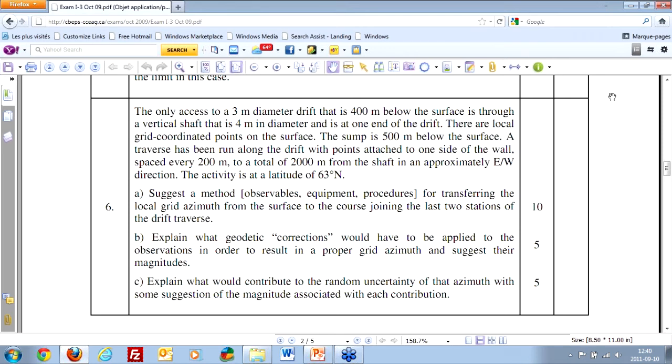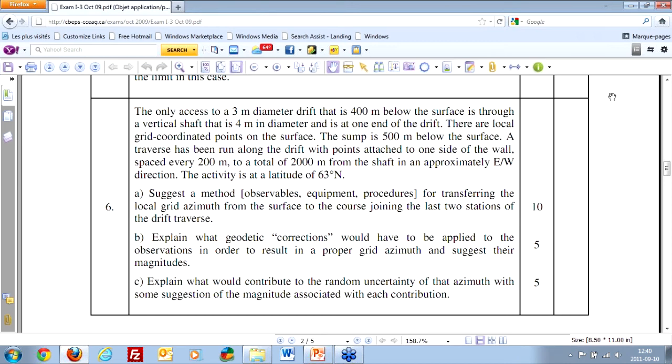The concern, of course, would be with that style of traversing that there is the systematic effect of refraction. We don't have any information on what the temperature gradient might be, but there are some suggestions in the chapter as to what typical magnitude there might be.